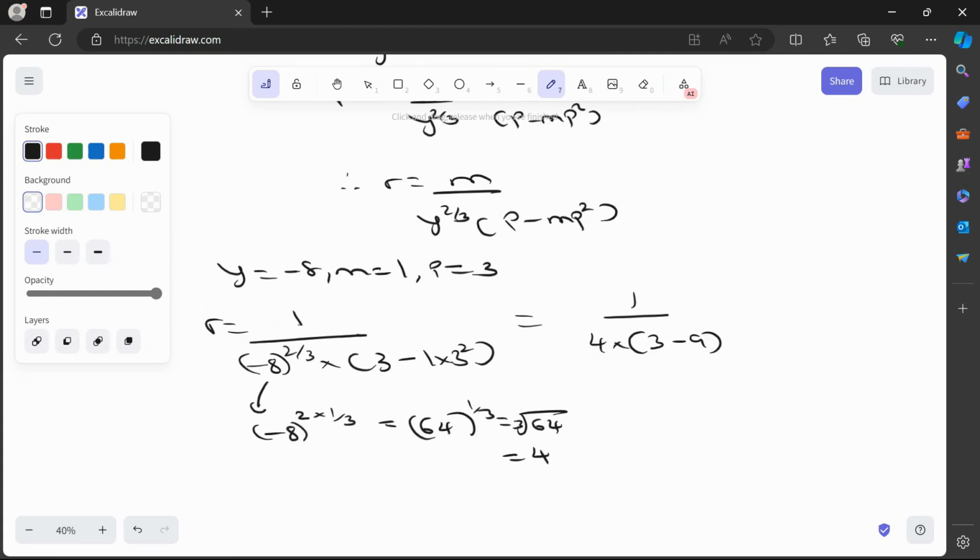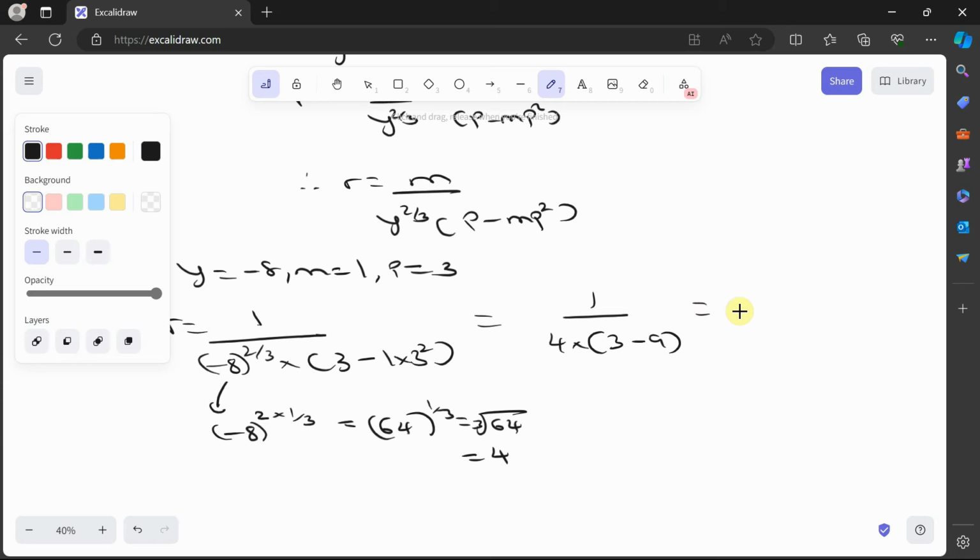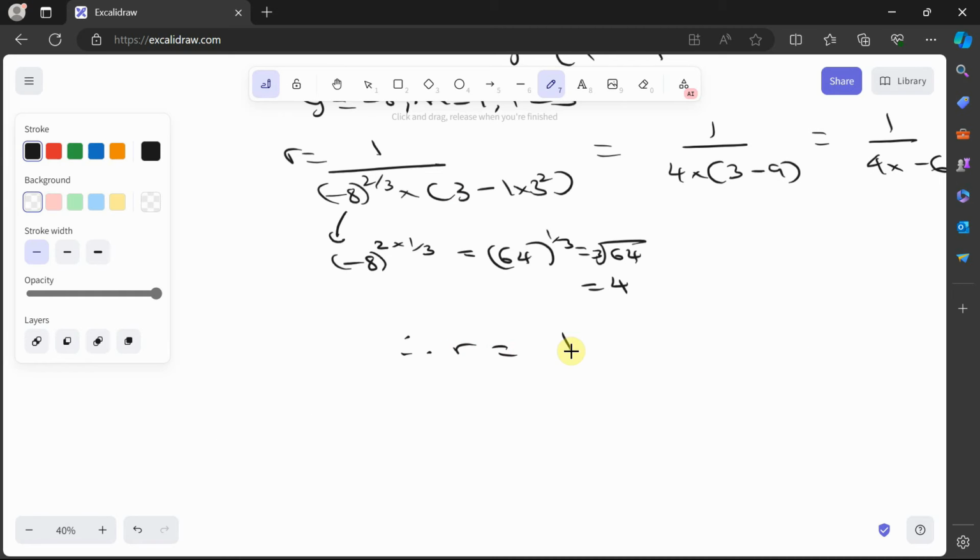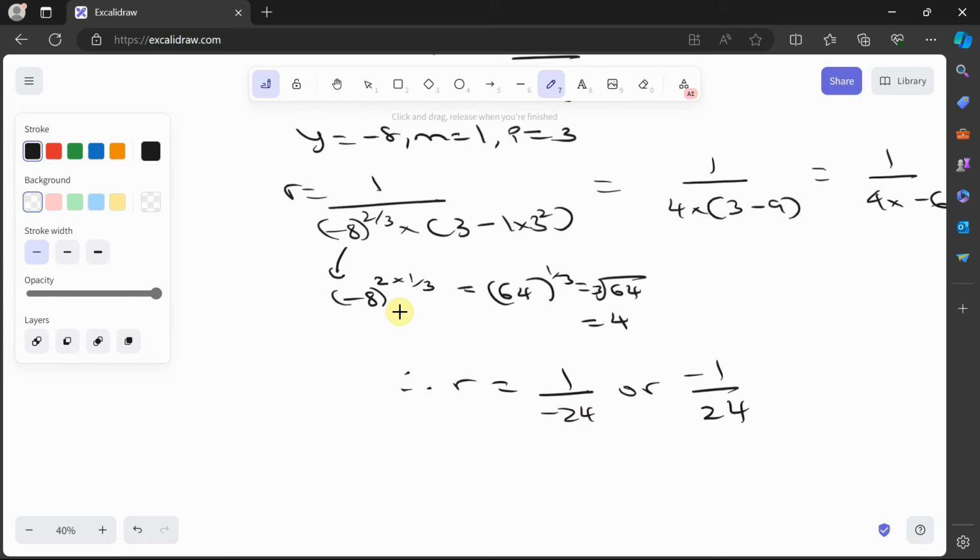And if I do this, it's like saying 1 over 4 times 3 minus 9, which will give me minus 6. So therefore, our r is equal to 1 over 4 times minus 6, which will give me minus 24. Or I could say minus 1 over 24. So this is actually the answer when you substitute the values of y, m, and p.